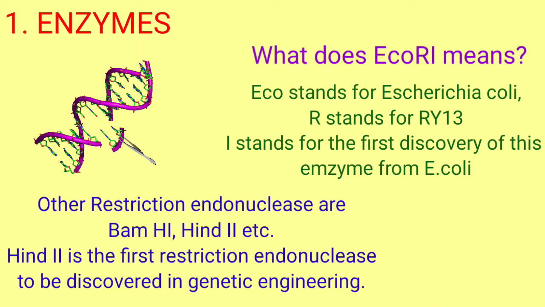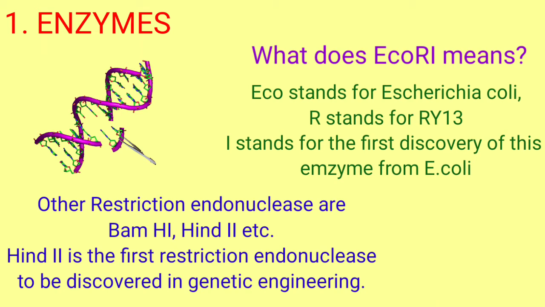For HindII, the recognition site is GTCGAC from 5' to 3', and this is also a palindromic sequence. Similarly, there are some other restriction enzymes such as HindIII, EcoRI, BamHI, etc.